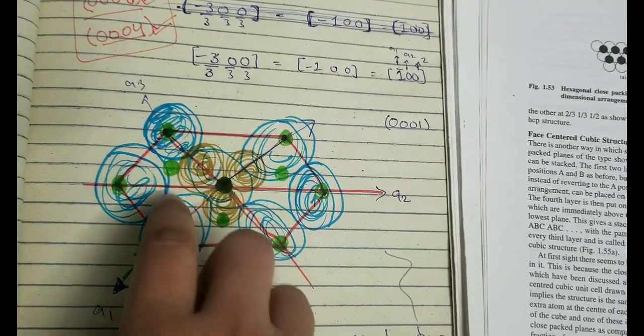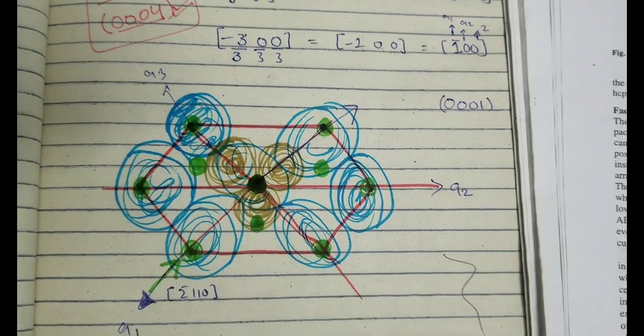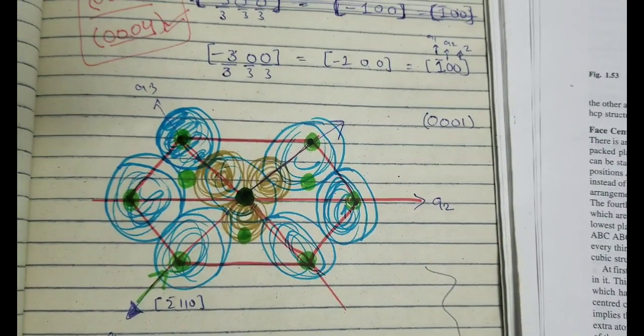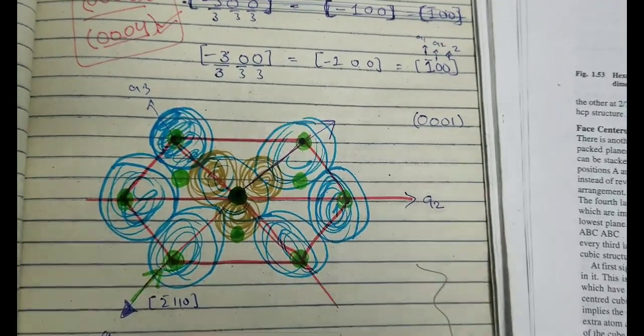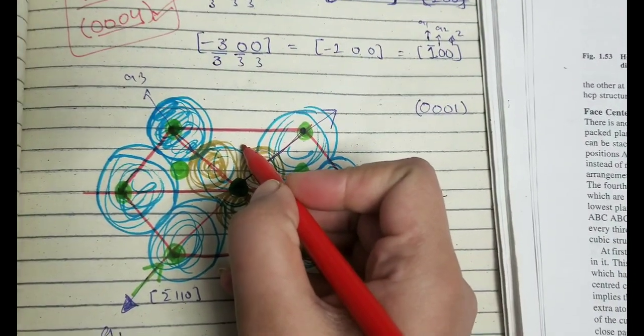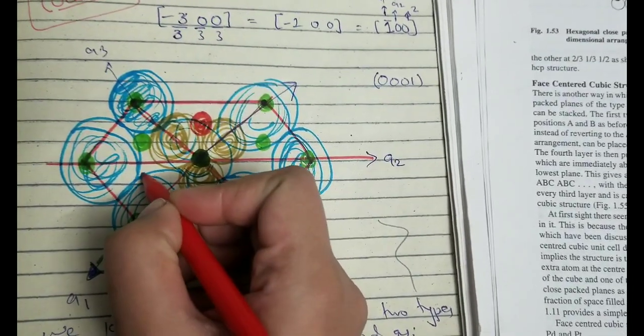So these locations are actually doubled and tripled also. Now let me draw the final site, which is the octahedral site, and the octahedral site is here at the center of these empty triangles.